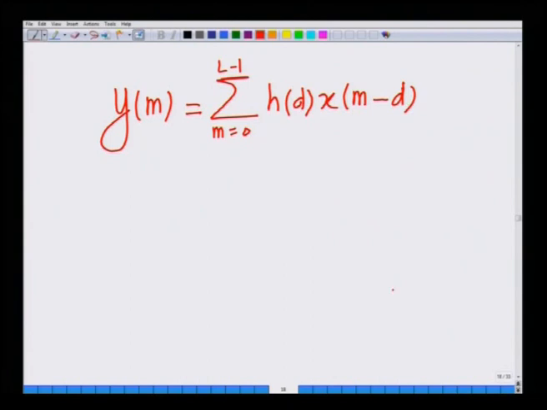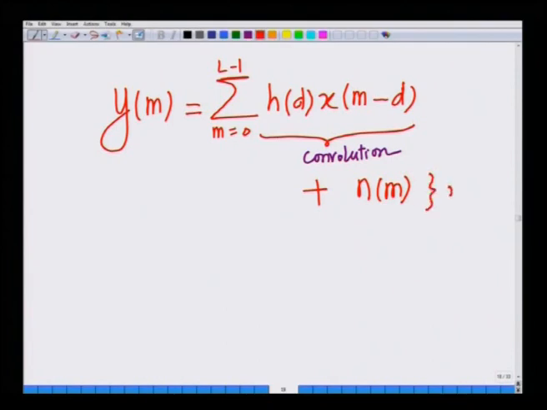Remember, this is a convolution operation, plus n[m], where this is the noise.